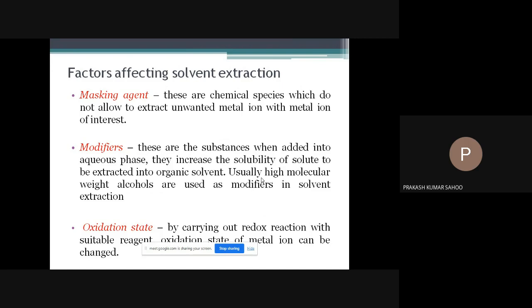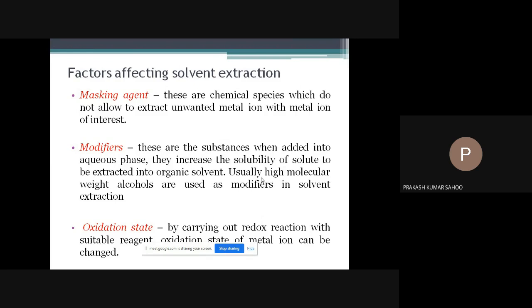Then the second one is the modifier. What does it modify? These are substances which, when added into the aqueous phase, increase the solubility of the solute which is to be extracted into the organic solvent. Usually high molecular weight alcohols are used as modifiers in solvent extraction.